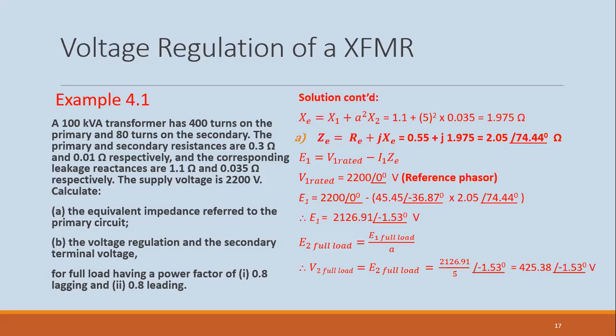Just as we did moving the secondary parameters over to the primary, you can move the primary to the secondary, and you will find that you're dividing the primary winding resistance and reactance by the turns ratio squared when you move it over to the secondary.